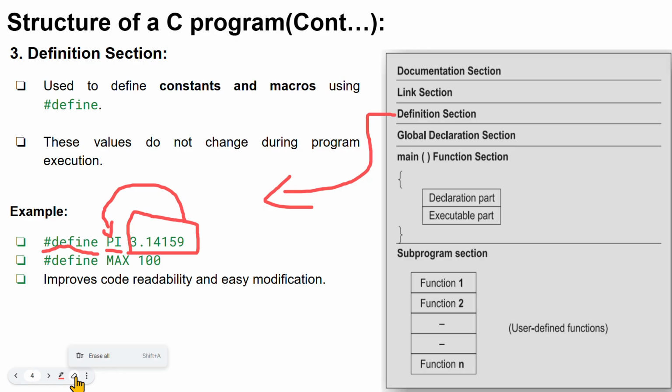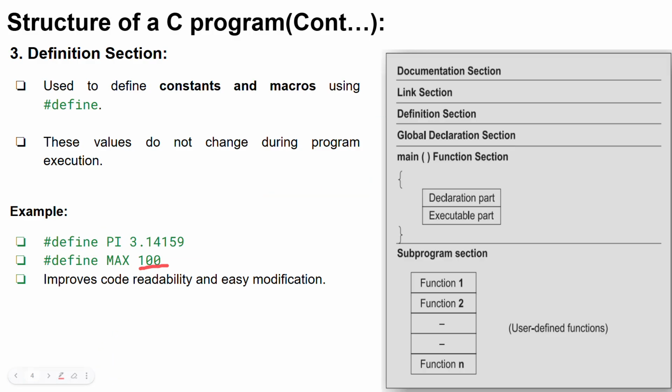Similarly, if I want to use the value 100, I assign this 100 value to the max variable, so I can use the max variable wherever I want in my main function for my calculation. This is the definition section, which is very helpful because we need not repeatedly enter these values.